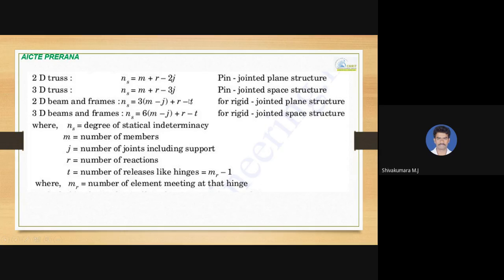That should be deducted. So that is the degree of static indeterminacy. And for 3D beams and frames, it is 6m plus r minus 6j minus t. The terms are already explained. So you need to remember these formulas. If you remember them, it is easy to calculate the degree of static indeterminacy.